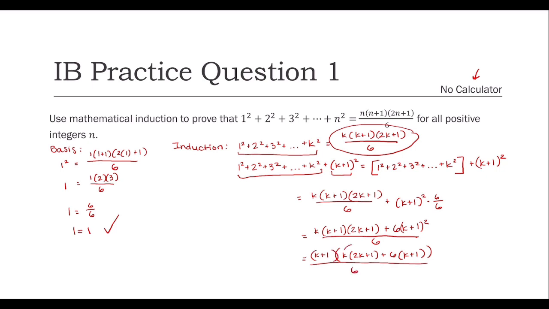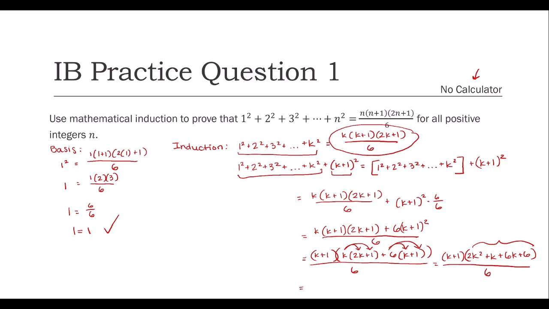So we'll distribute the stuff on the inside. So this equals k plus 1 times 2k squared plus k plus 6k plus 6, all over 6. So then we can combine our like terms in here.